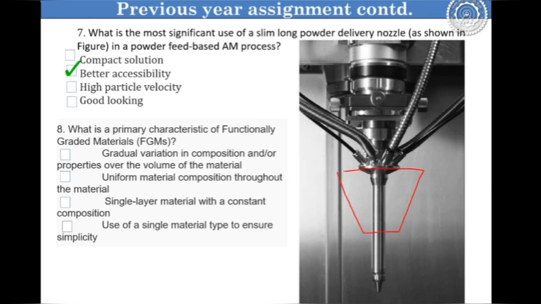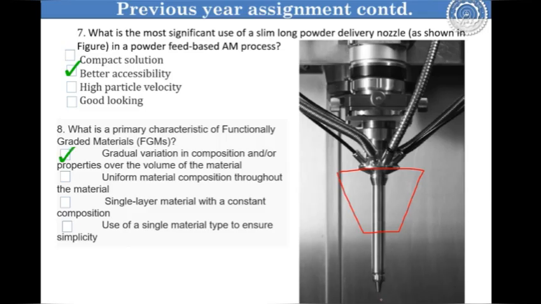So if you want to print or repair a very small accessible portion, you cannot insert this big thing inside. That's why these small delivery nozzles are used to access pinpoints or very small portions for cladding, or for high resolution or small feature size parts.